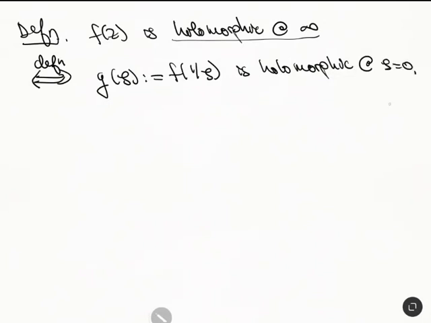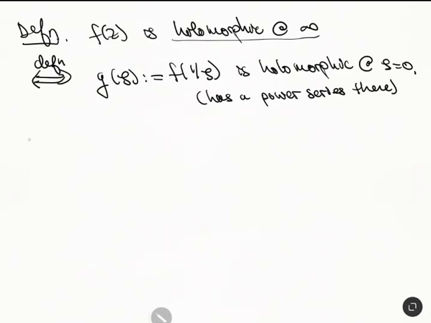So in a neighborhood of 0, meaning it has a power series. It's not just complex differentiable, but it has a power series.